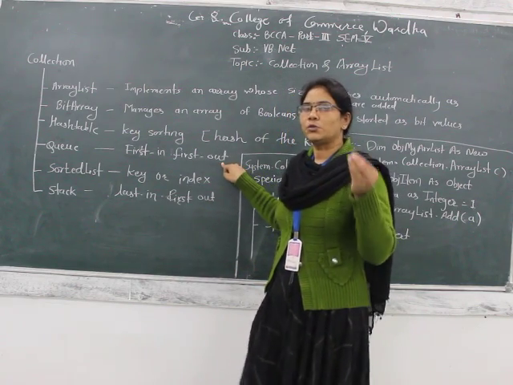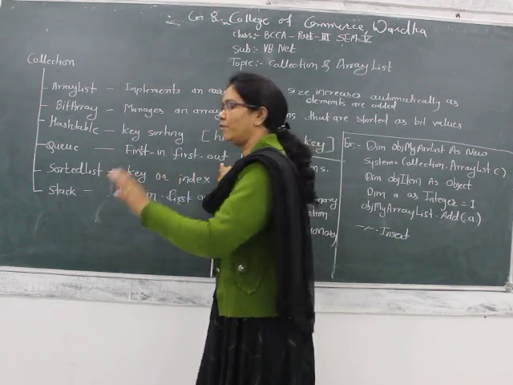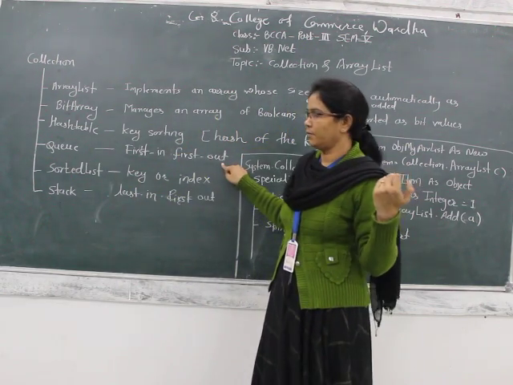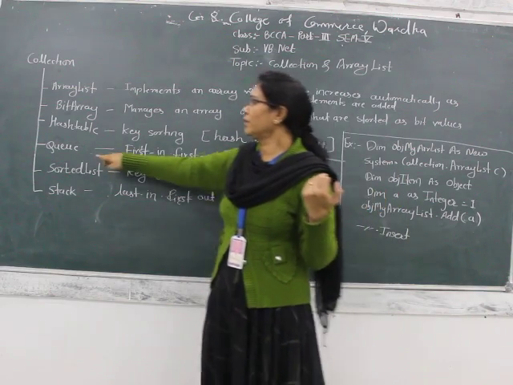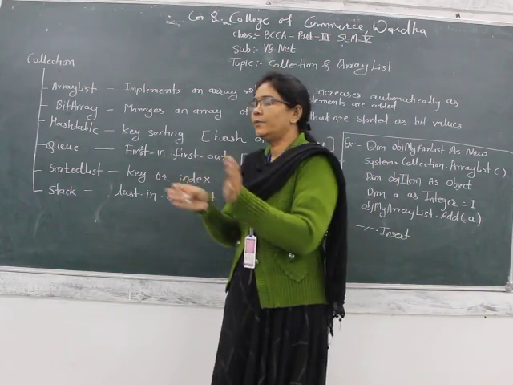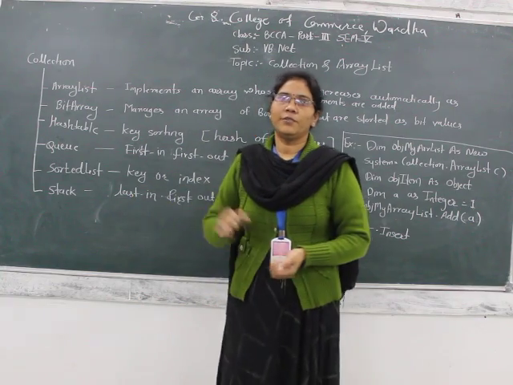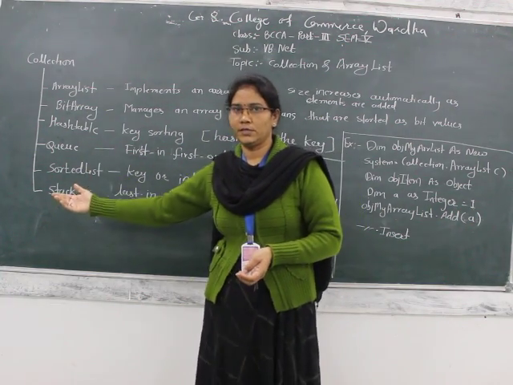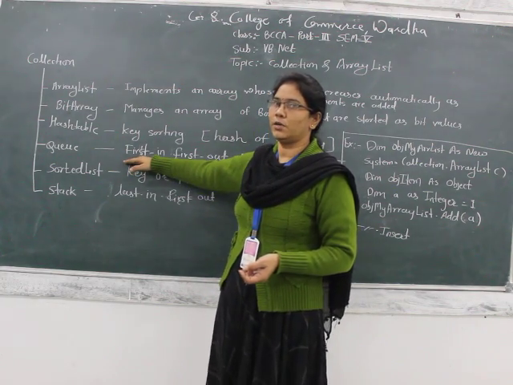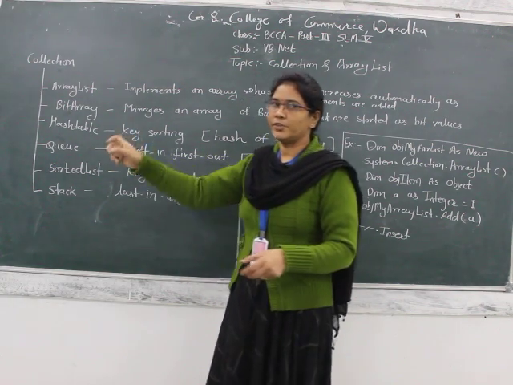That means we store our element at the first position, then only we can fetch the first element first. Queue is like a queue at the petrol pump, first come, first served. Likewise, we can store our elements in the secondary memory location. The first element can be fetched first.